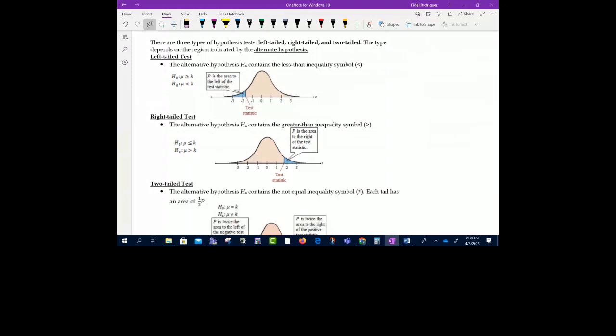But we're going to talk about 3 types of hypothesis testing: a left tail test, a right tail test, and a two-tail test. This all depends on the region indicated by the alternate hypothesis, my friends, which is what we call the HA.